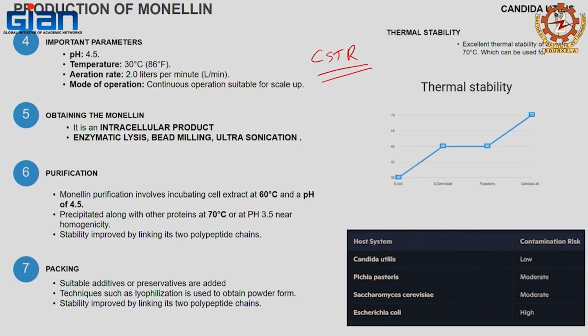Regarding the thermal stability, which I have shown in the graph on the right side, compared to the other organisms Candida utilis stands high in thermal stability, due to its unique structure and its ability to grow in various areas.